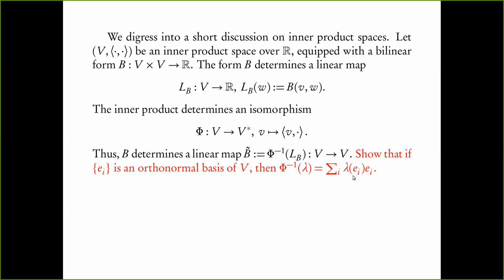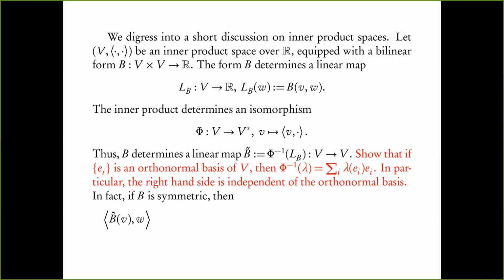It's like the e_i's with weights lambda(e_i). It's easy to check that this is the inverse simply by plugging in on both sides. But this also tells you that the right hand side is independent of the orthonormal basis. If I choose another orthonormal basis f_j, the summation of lambda(f_j) f_j is going to be equal to the summation of lambda(e_i) e_i. So this is a comparison some of you might have seen. I'm pretty sure quite a few will have seen this already.